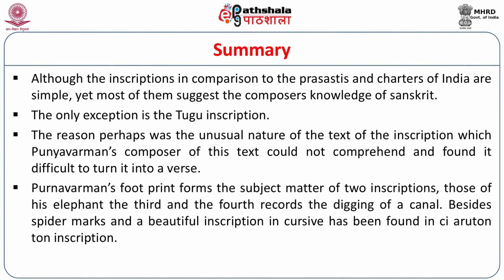Purnavarman's footprint forms the subject matter of 2 inscriptions, and those of the elephant, the 3rd and the 4th, record the digging of a canal. Besides, we have spider marks and a beautiful inscription in cursive, which I mentioned just now, in the Siyorutan inscription. Thus, these inscriptions in totality form a very important part of epigraphic studies in Southeast Asia.